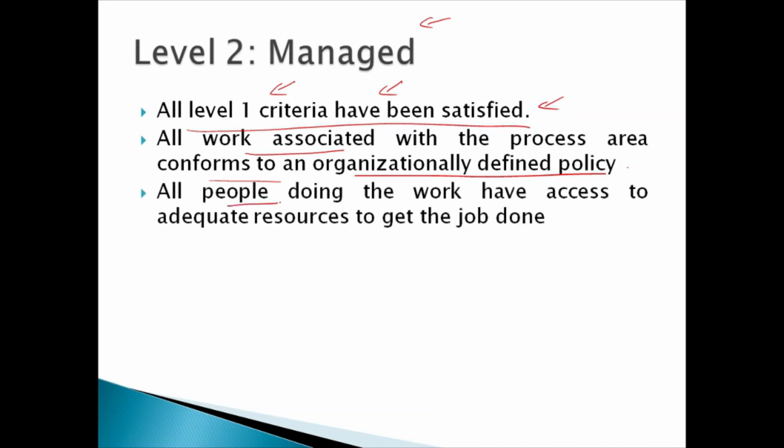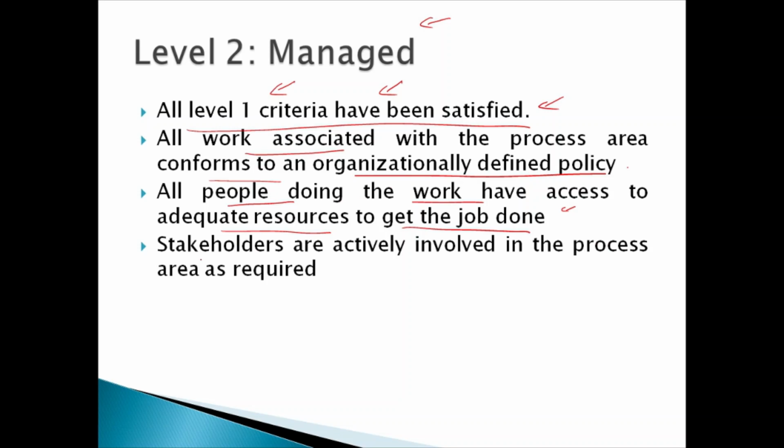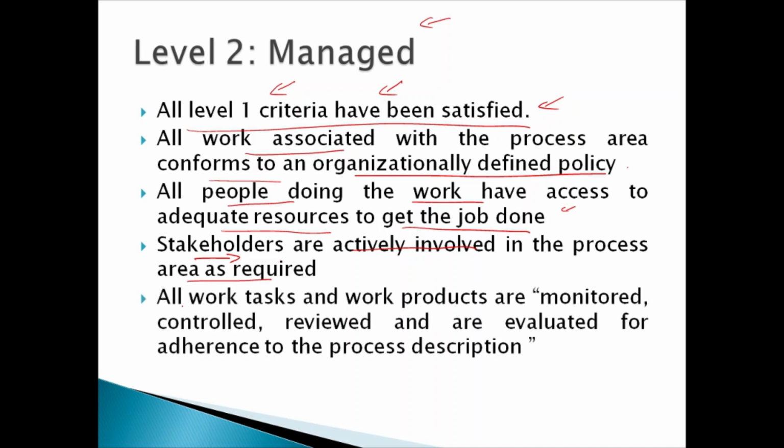Next, all people doing the work have access to adequate resources to get the job done. And further, all the stakeholders are actively involved in the process area as required. Further, all work tasks and work products are monitored, controlled, reviewed, and evaluated for adherence to the process description. So the entire thing is being managed.